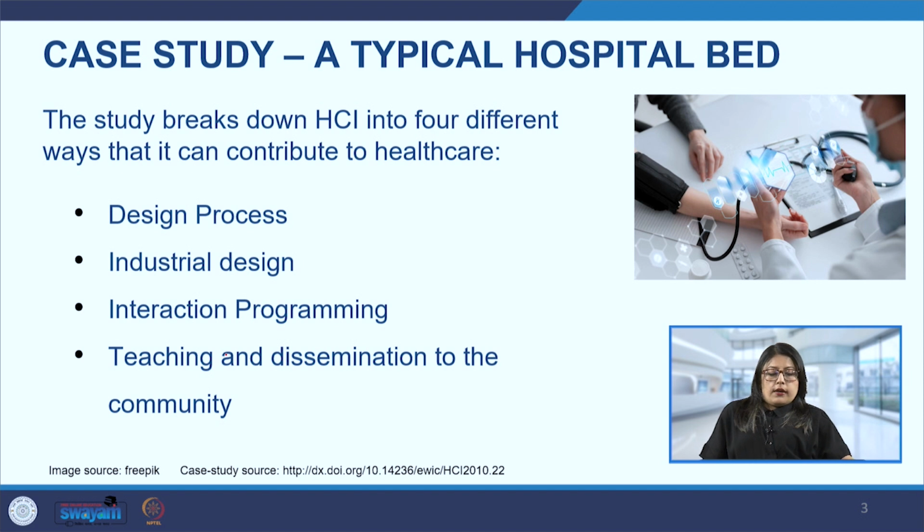Now the healthcare domain is an area which can raise very serious ethical issues, because here we are dealing with human beings. For that reason it can be a very tedious area to work in, because one small wrong step can lead to a lot of damage.